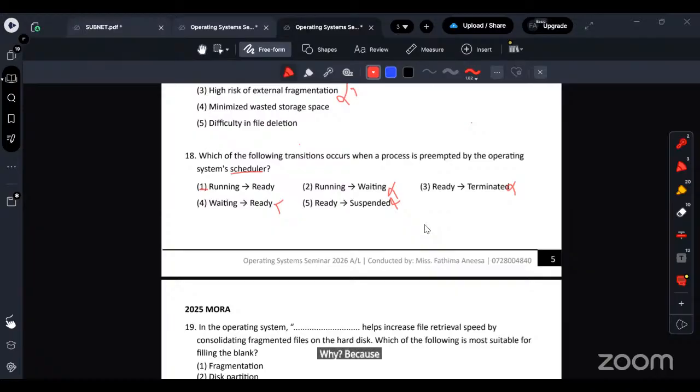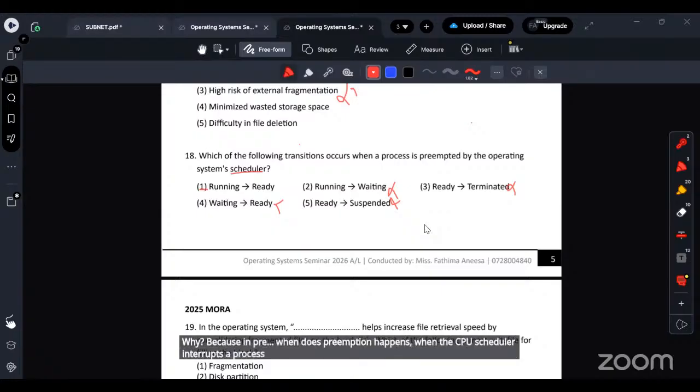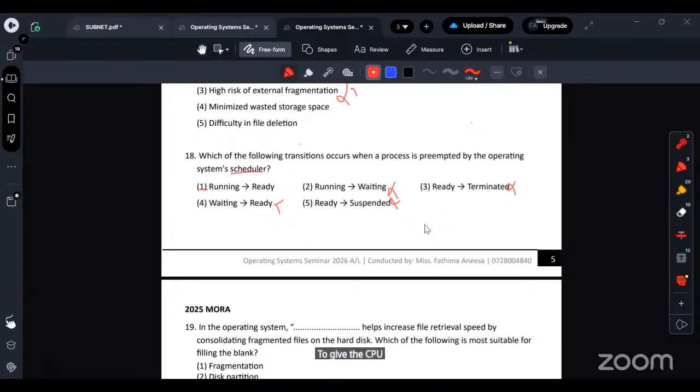Because when preemption happens, the CPU scheduler interrupts a process to give the CPU to another process, forcing the current process back into the ready queue to wait for its next turn.